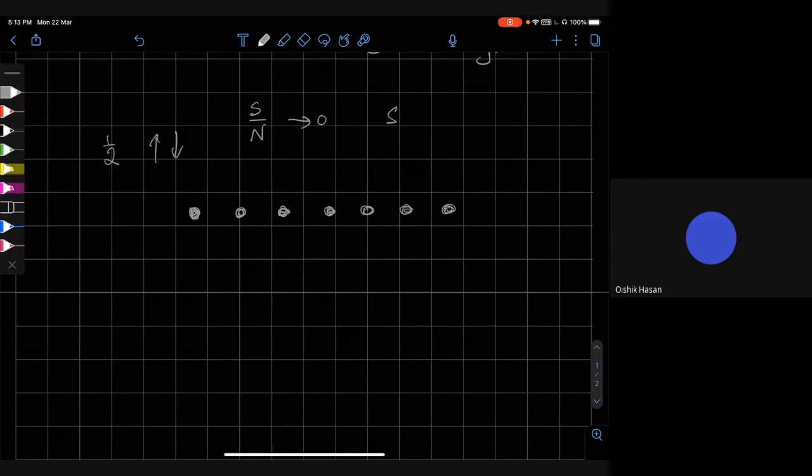Now look at the configuration in which everything is spin up. How many configurations are there of such type? Only one. So if you take the entropy of that energy state, that is going to go to 0.